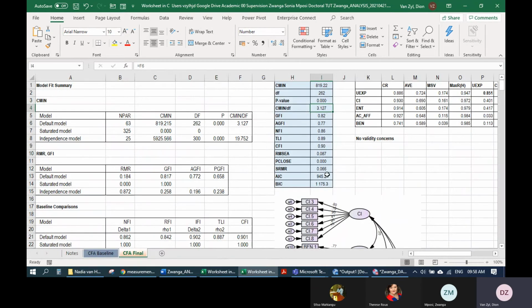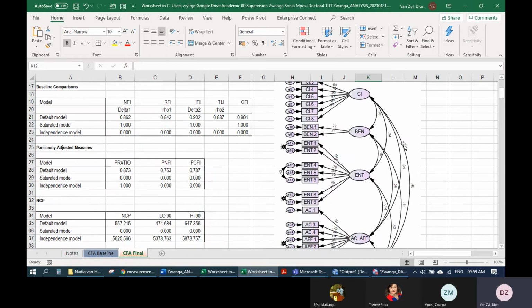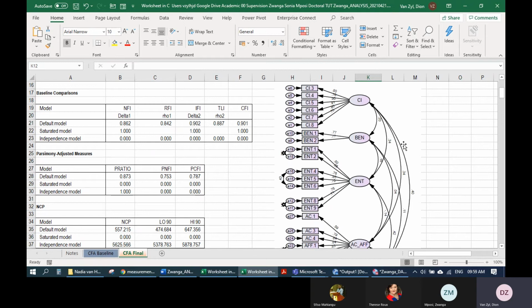Remember, it's an assessment. You won't get a perfect model, but it's meeting the minimum requirements. NFI is approaching 0.9. My TLI is in fact almost 0.9. My CFI is 0.9. My RMSEA is below 10. My SRMR is... So in the majority of these, I can argue that I've got an acceptable model fit.